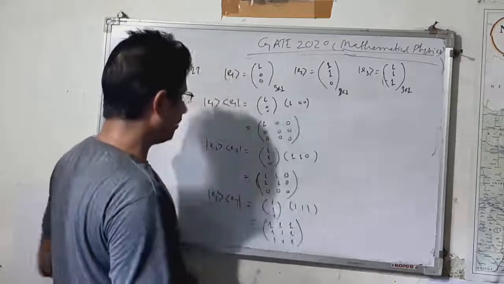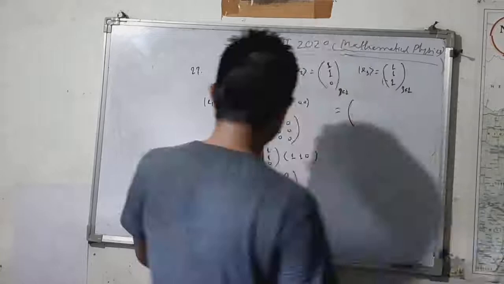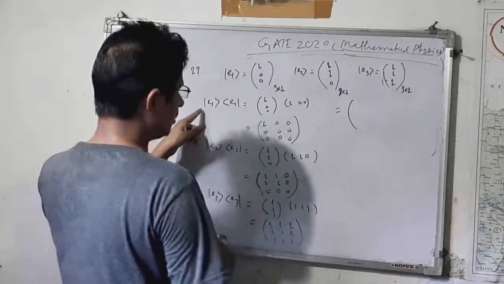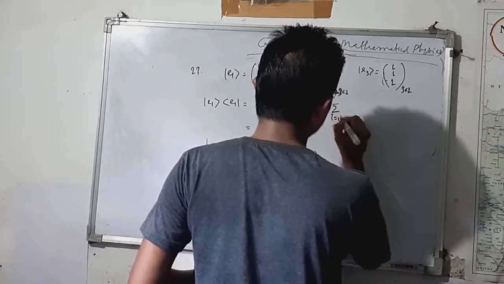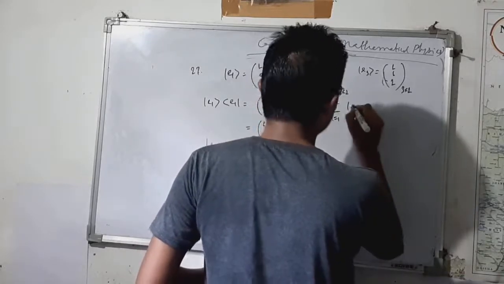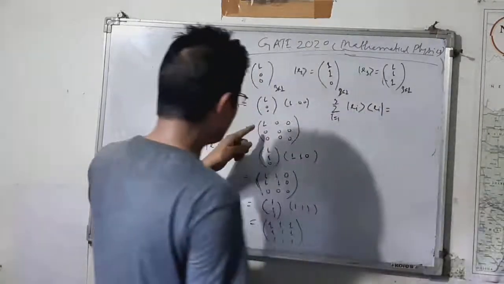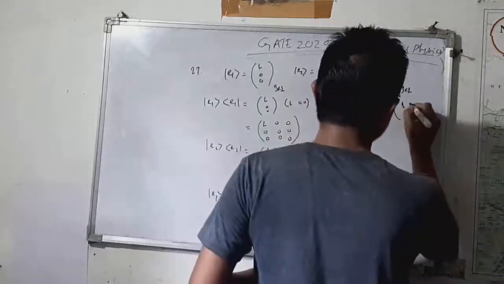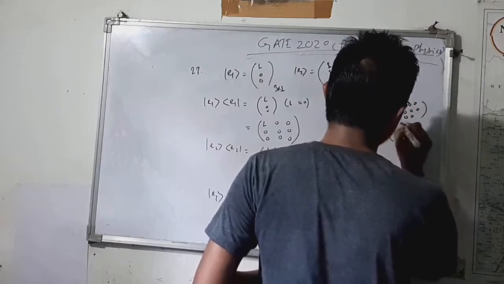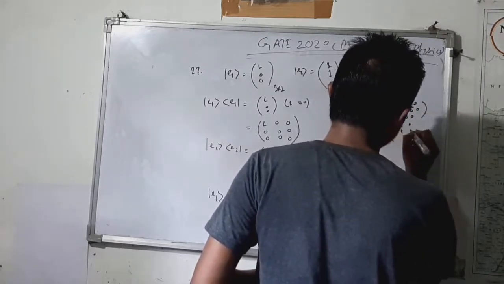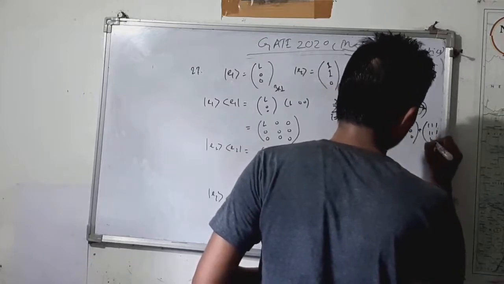So if you add all these three, what would the result be? It simply gives the summation of i equal to 1 to 3 of Ei, which is equal to 1 0 0 0 0 0 0 0 0 plus 1 1 0 1 1 0 0 0 0 plus 1 1 1 1 1 1 1 1 1.